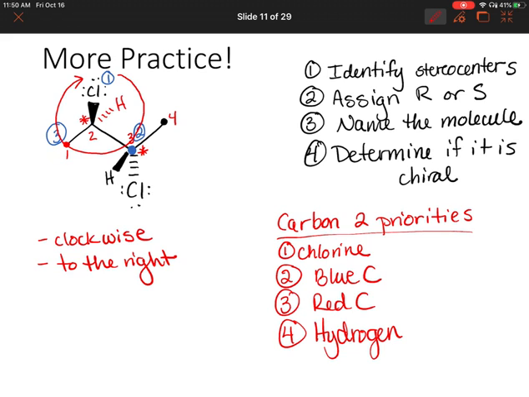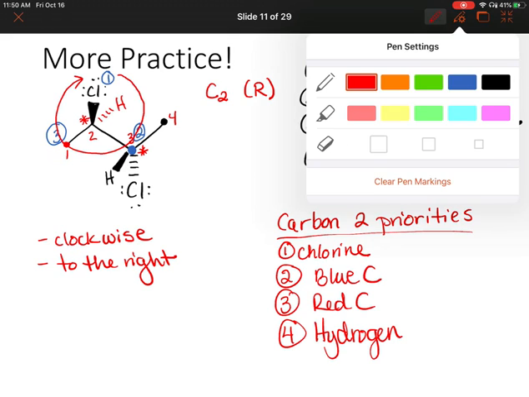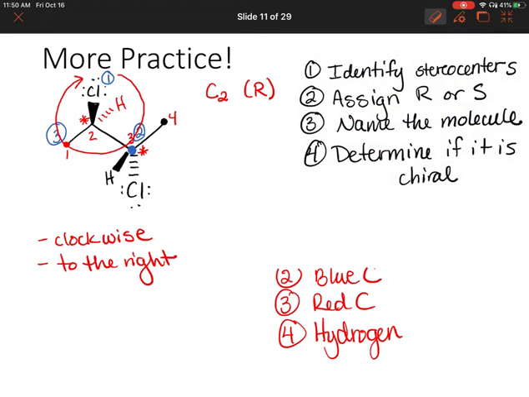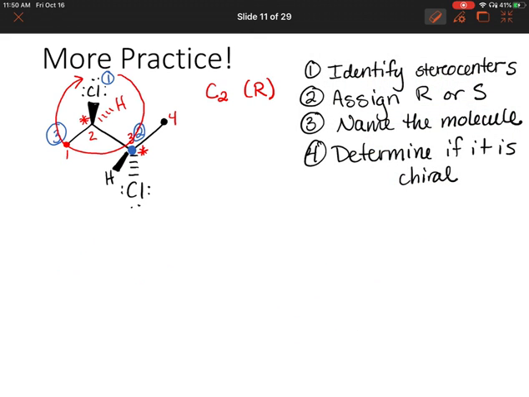It's R. Okay, so carbon 2 has an R conformation, so we'll just make a note of that. Now let's figure out the other carbon. So I'm just going to redraw the molecule so we don't have all the mess that's up above.